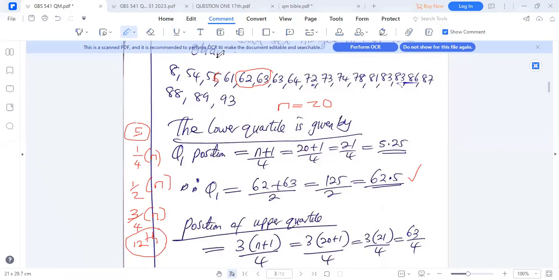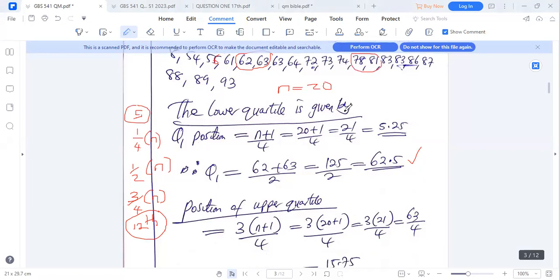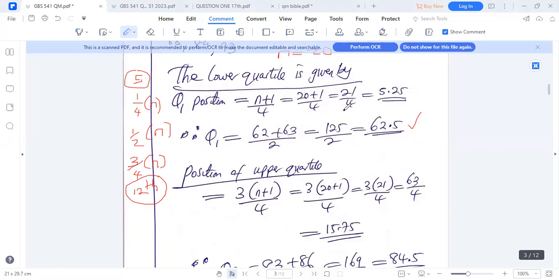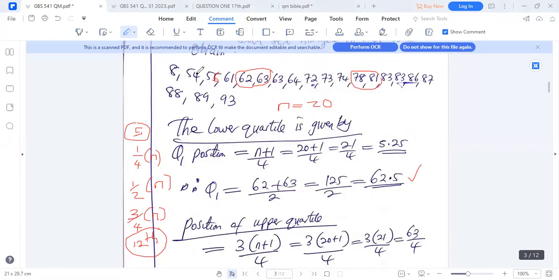Quickly, in the interest of time, since 12 is a whole number, we pick the 12th and the 13th number. 1, 2, 3, 4, 5, 6, 7, 8, 9, 10, 11, 12, and 13.